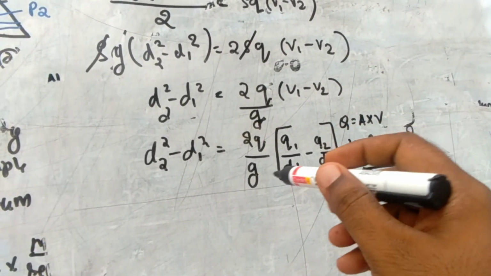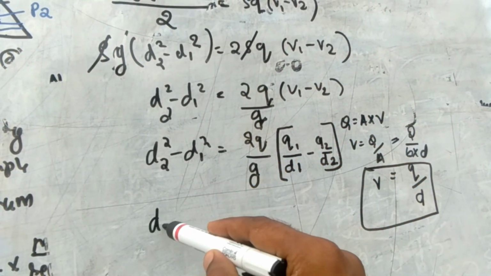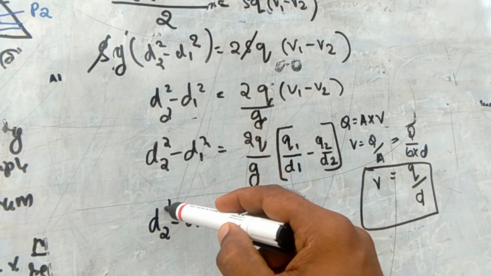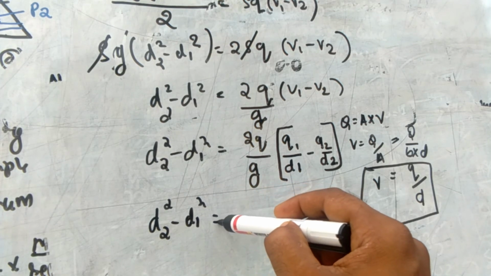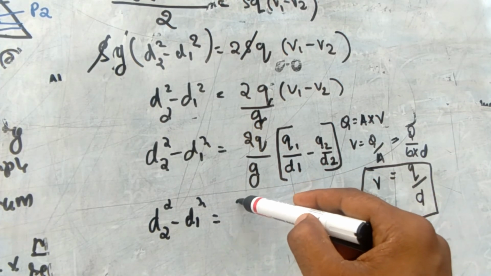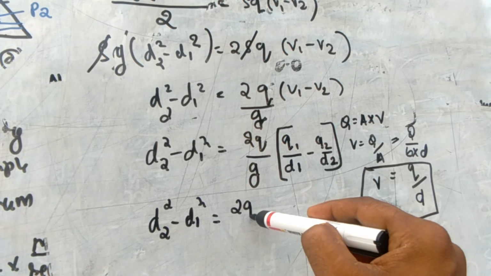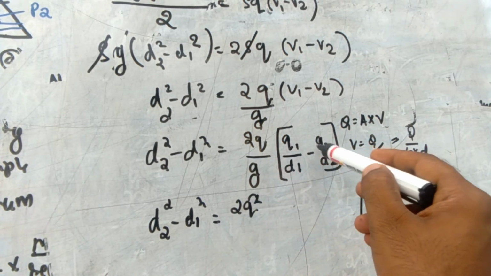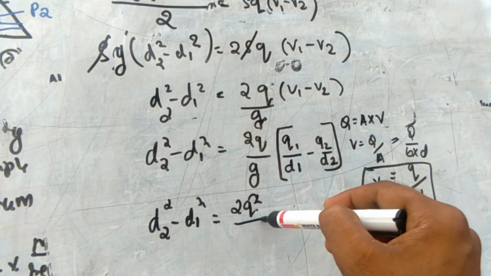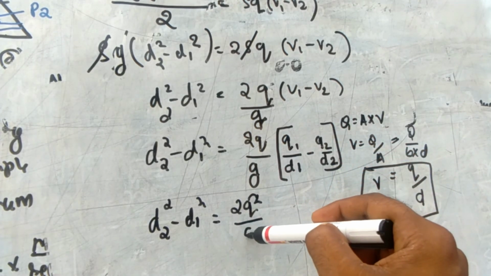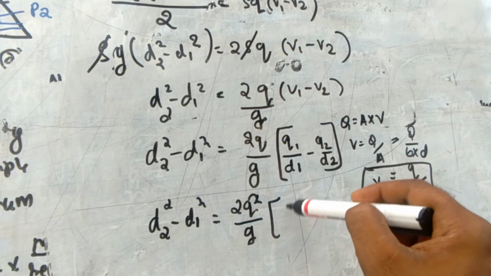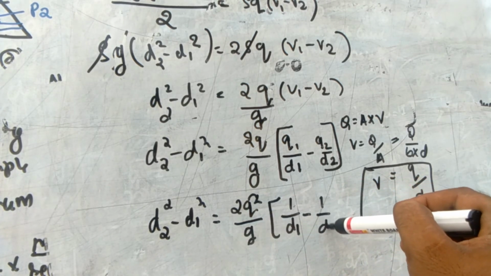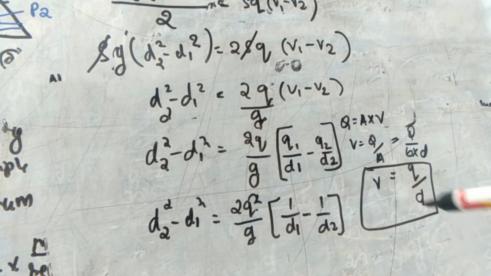Next, d2 minus d1. d2 square minus d1 square is equal to 2q square divided by g, times 1 by d1 minus 1 by d2.